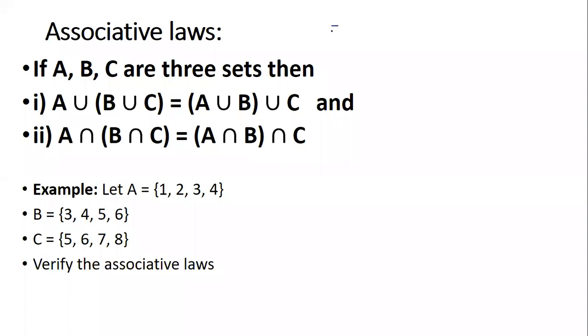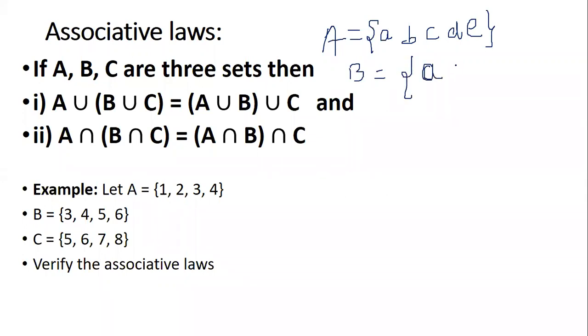Okay, S is one set. Or we'll take it as A only. So A is equal to {a, b, c, d, e}. And then we have B. B has a, c, e, g, i.